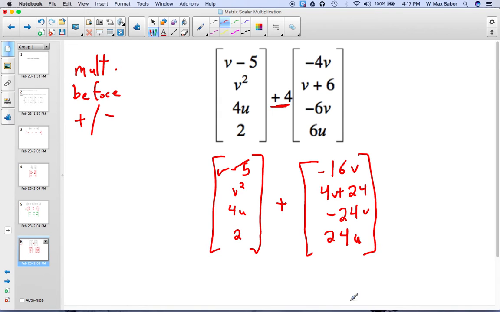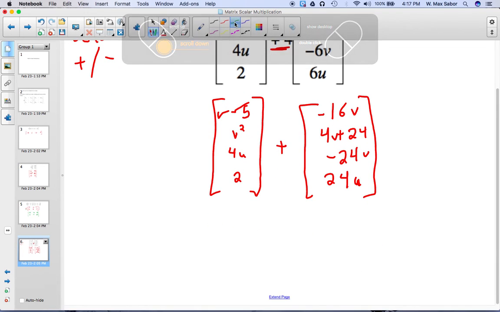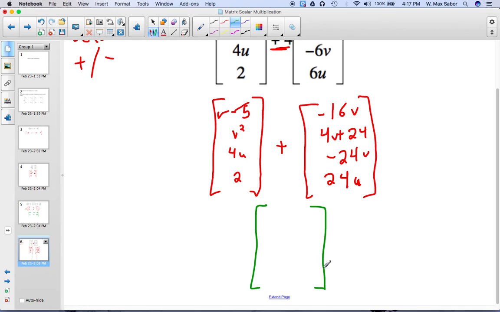Now we add corresponding entries. So negative 16v and positive 1v become negative 15v, minus the 5. Here we have a quadratic, v squared plus 4v plus 24.